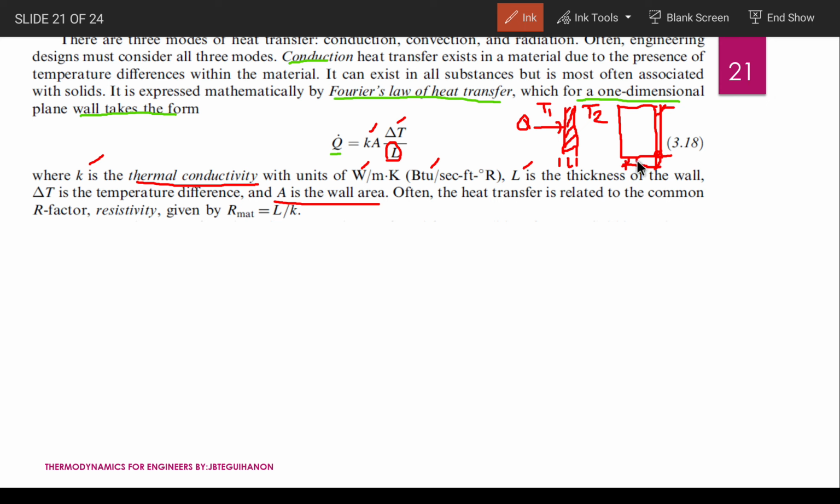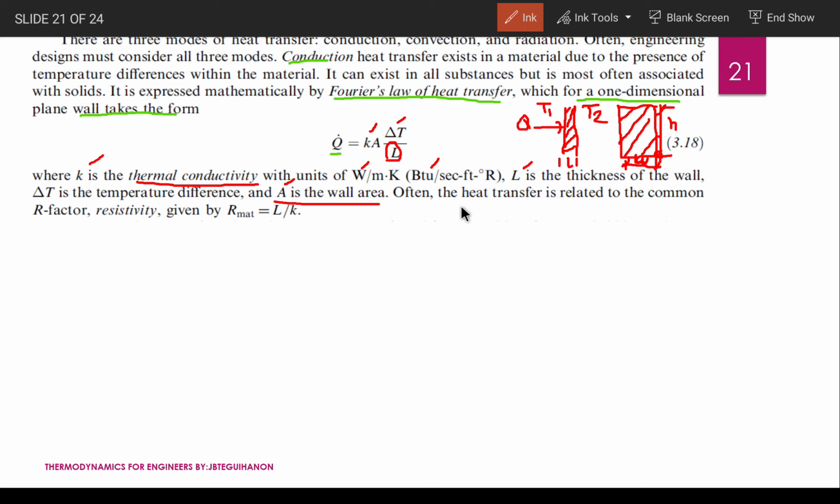Kunyari ito ay L, pero may L na tayo, so W na lang yan, width. Ito naman ay height times width is equal to area. Yan yung tinutukoy niya, yung lapad na yan. Yan yung A, area of the wall.